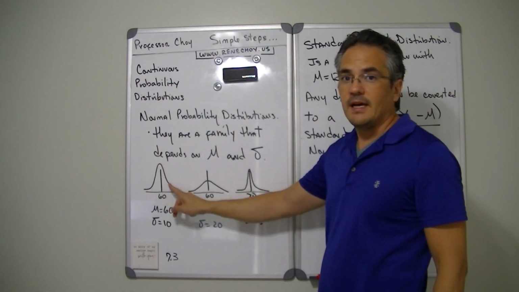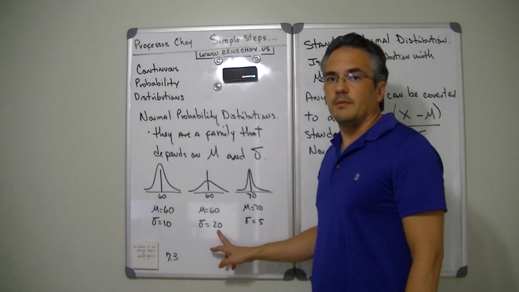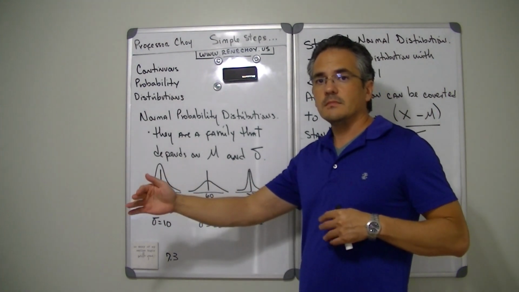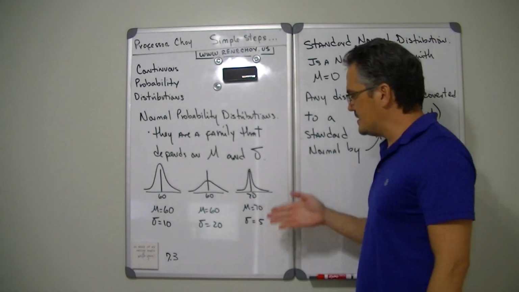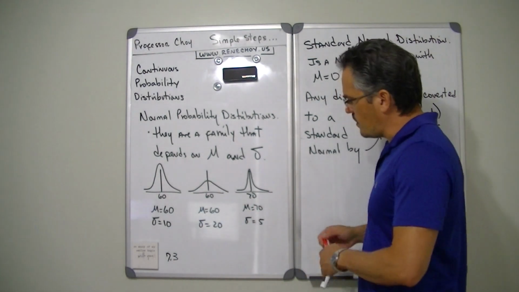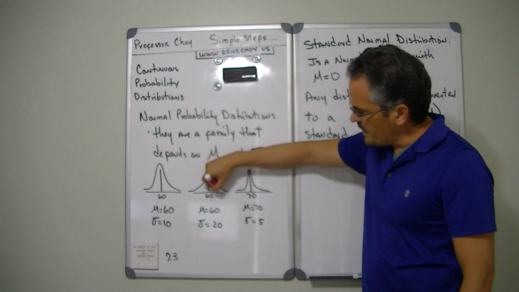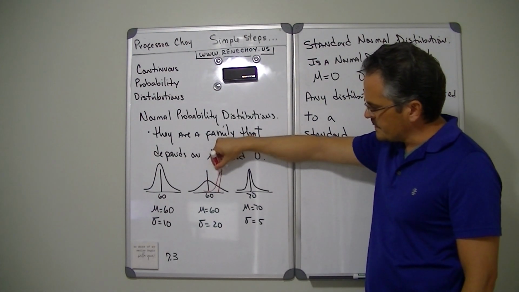It looks more like that. And then a larger standard deviation means that the distribution is flatter. If you have a different mean, what it basically means is that you're different from the previous one. So this one with 70 and 5, for example, will be here next to this one, and it will be like this.